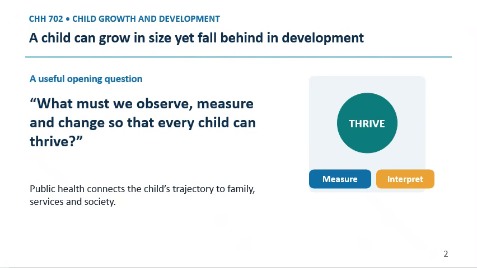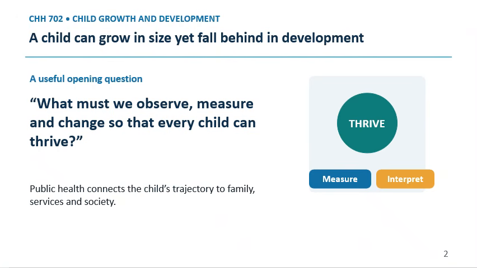A weight of 10 kilograms, for example, cannot be interpreted properly without knowing the child's age, sex, length or height, previous measurement, and clinical context. In the same way, a child using only a few words cannot be understood without considering age, hearing, comprehension, opportunities for communication, and progress in other domains.